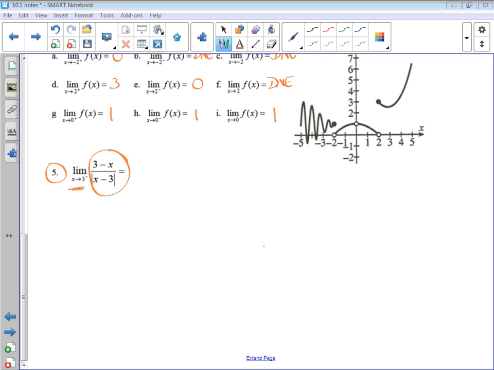What did you get, Layla? 1. Yes. If you guys want to see one that oscillates wildly, go ahead and graph y equals the cosine of pi over x. Just make sure you're in radians, if you just want to see a weird one.